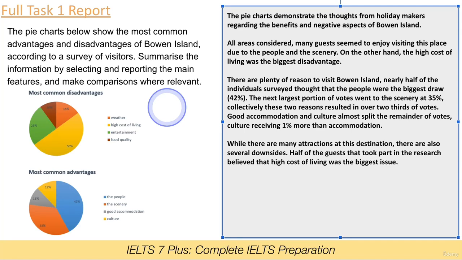So we're saying half of the guests, we don't need to state the 50%, we're saying it in a different way here, which is quite nice sometimes. So then we go to a quarter, which then brings us up to, yes, 25% believe that entertainment was the biggest problem as well.